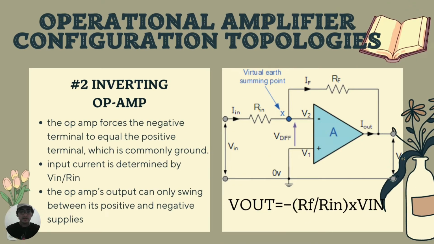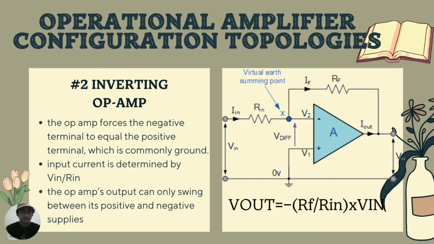Next, we will talk about the inverting op-amp. The op-amp forces the negative terminal to equal the positive terminal, which is commonly ground. Therefore, the input current is determined by V in over R in. By looking at the diagram, we can see that the same current flows through RF to the output.